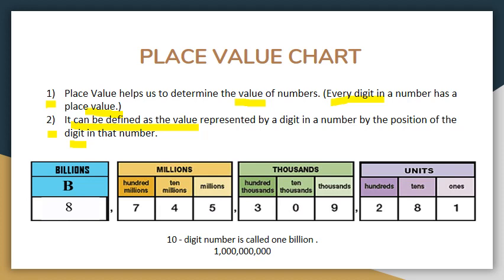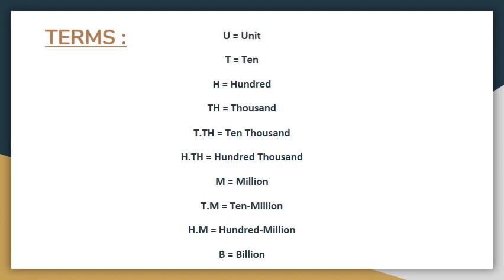So, this is a place value chart. You see that 1 billion has 10 digits. Here are some terms which you are going to use for the given place values.